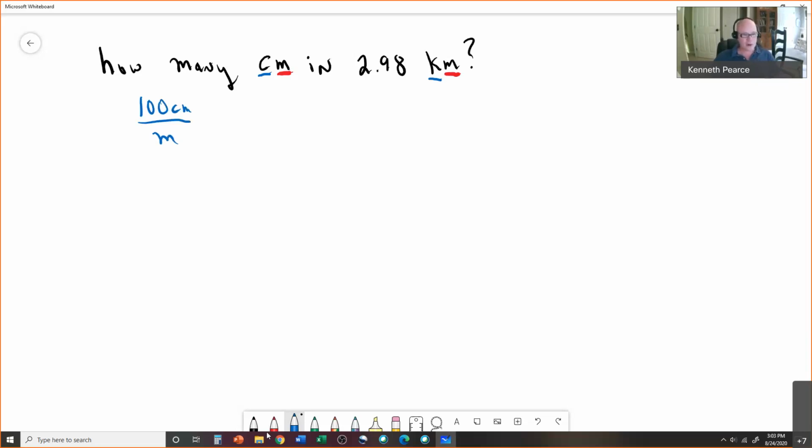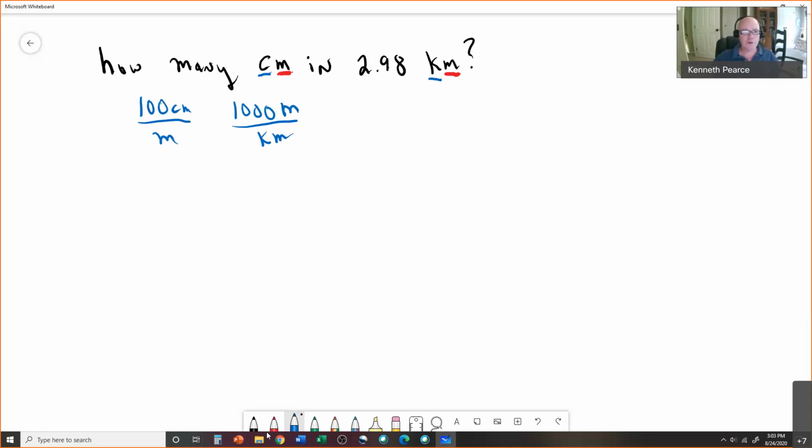Conversion factors are fractions. They come from the equality 100 centimeters equals a meter, but we write it as a fraction. So there's 100 centimeters to a meter. And kilo means there's 1,000, so that means there must be 1,000 meters for every kilometer. Okay, so I have both these relationships here.